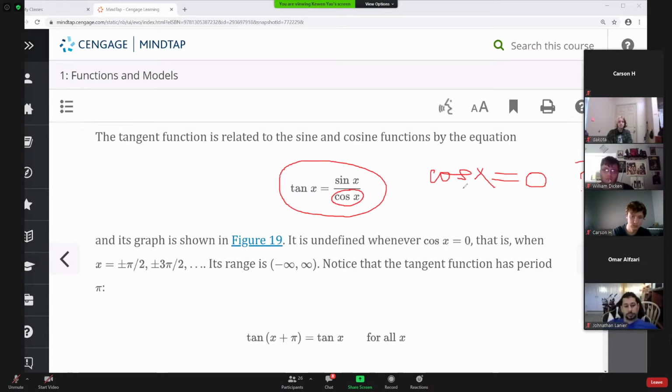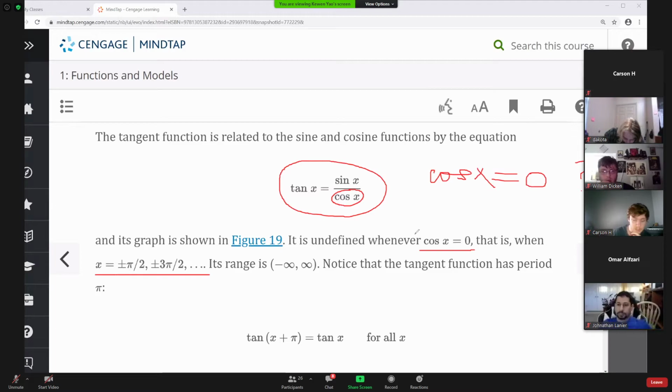If cosine x equals 0, then the function does not make sense because cosine x is in the denominator. So x cannot be equal to plus or minus pi half, or plus or minus 3 pi half, and so on, because these values make cos x equal to 0.